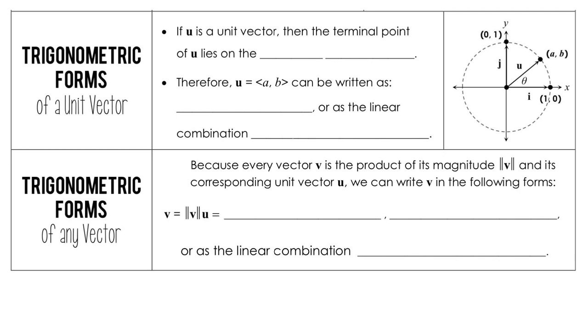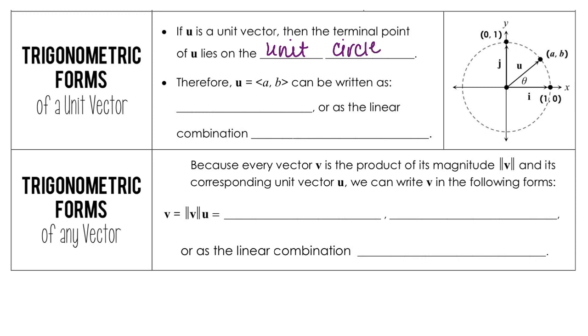Okay, now for our trigonometric forms of that unit vector, and that looks an awful lot like the unit circle, and that's really what we're going back to. If u is a unit vector, then the terminal point of u lies on what's called the unit circle.